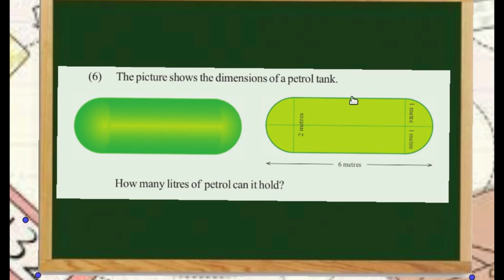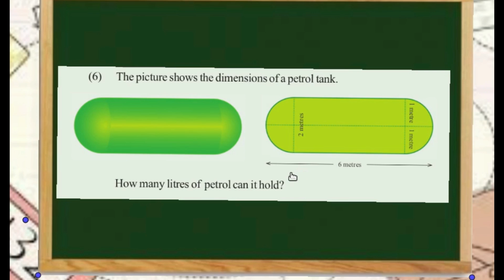This petrol tank consists of a hemisphere at one end, a hemisphere here also, and a cylinder in the middle. That is, this petrol tank consists of a cylinder and two hemispheres. Here the question is, how many liters of petrol can it hold? That means you have to find the capacity of the tank.